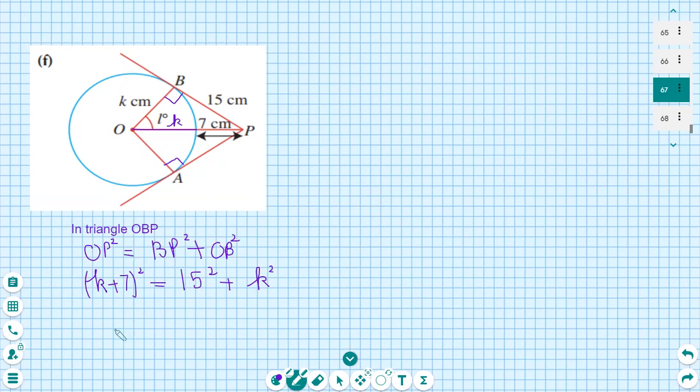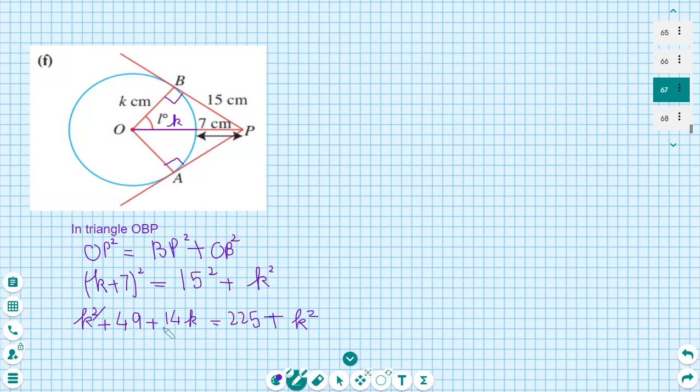So I'm applying the (A plus B) whole square identity. It says that A square plus B square plus 2AB. So A square is K square and B square is 7 square is 49, and 2AB means 2 multiplied by K multiplied by 7, which gives you 14K, equal to 15 square is 225 plus K square as it is.